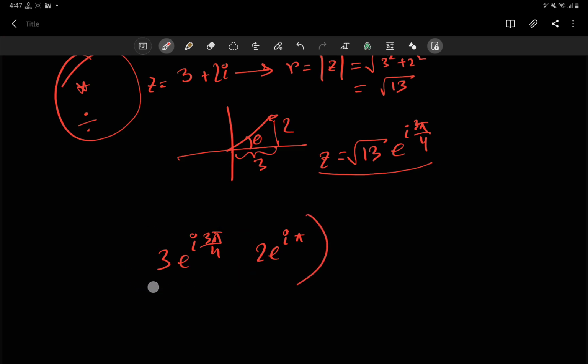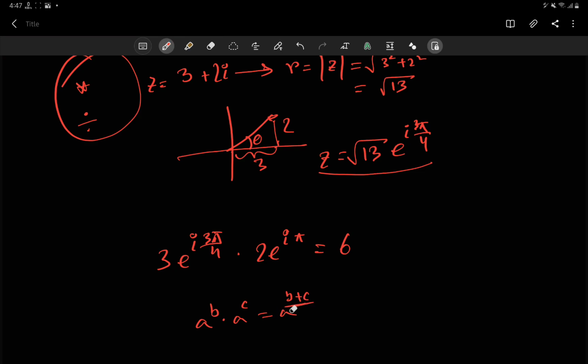Well, this is very easy because all of them are already multiplied with each other, right? So you can just multiply 3 times 2, that is 6. And the exponents get added up. So you know that e to the power x, or anything basically, a to the power b times a to the power c is actually a to the power b plus c, right?